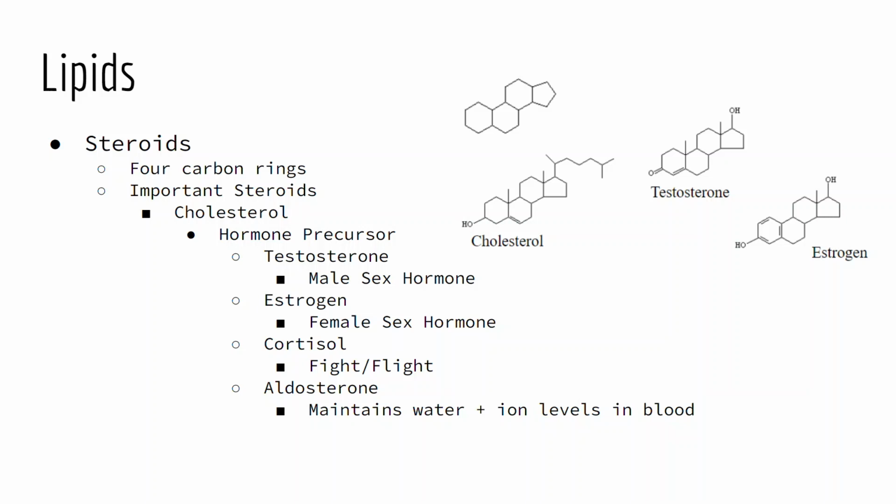Cholesterol is an important part of your cell membrane in that it gives the cell membrane some fluidity, it allows it to be more fluid. But we'll get to that more in a later unit. But cholesterol is also a hormone precursor, which means it can easily be changed into other hormones.